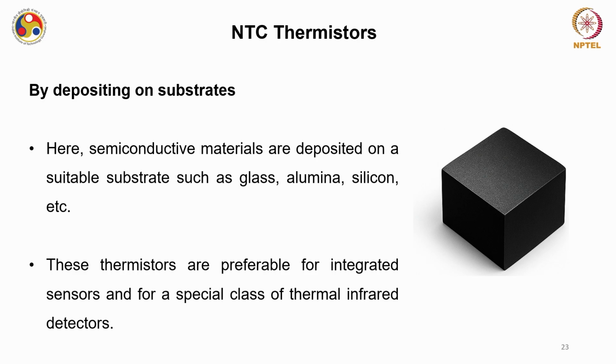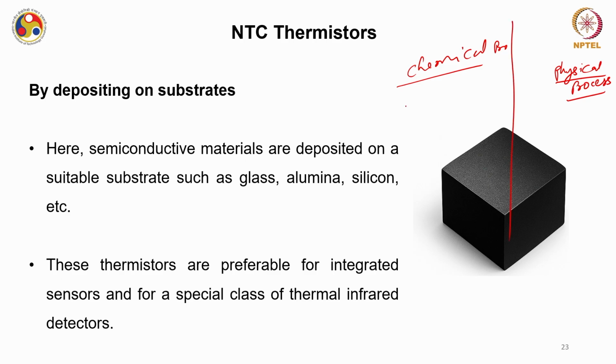I think there are other courses dedicated only to the deposition. Usually the depositions for fabricating these NTC thermistors are done either by some chemical process or by some physical process.